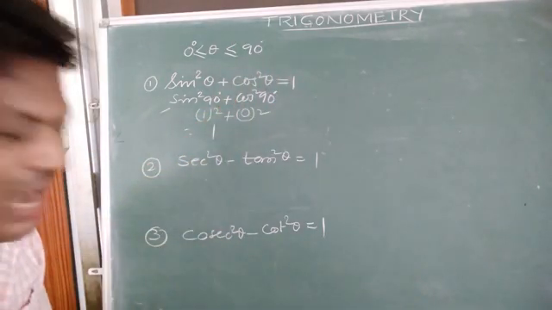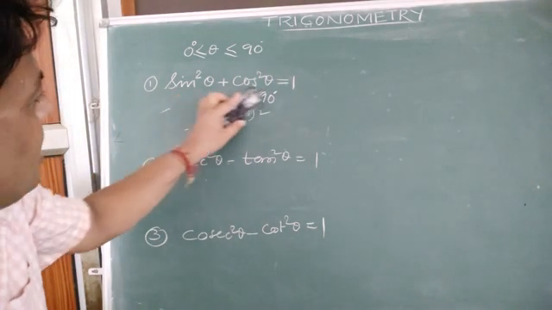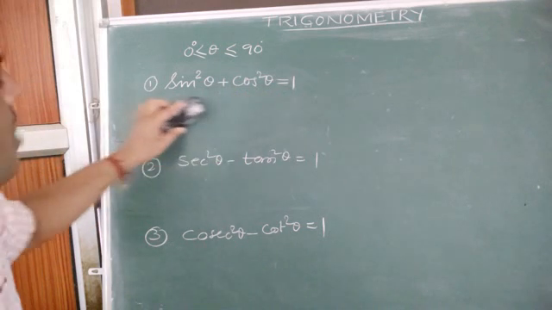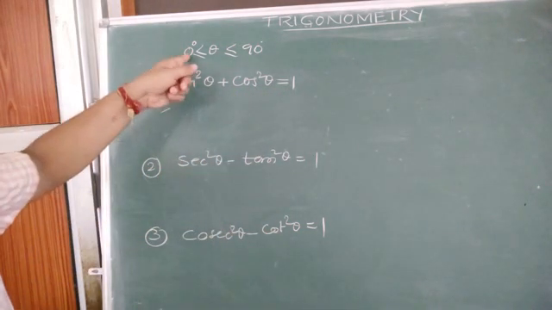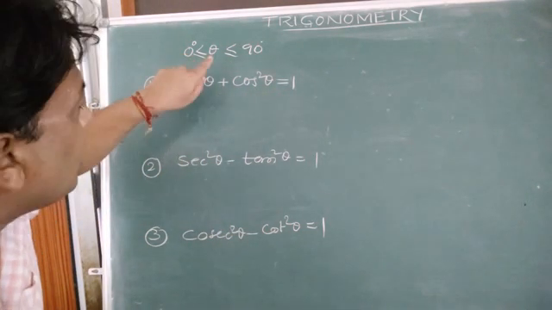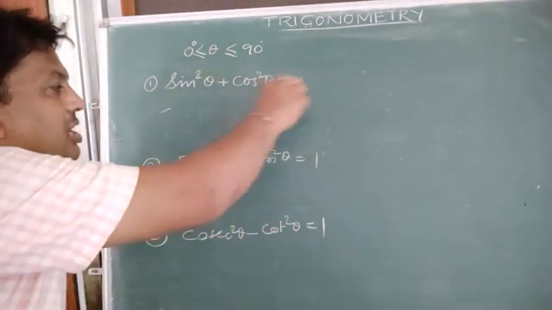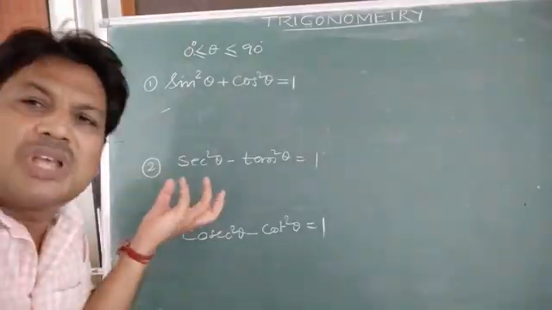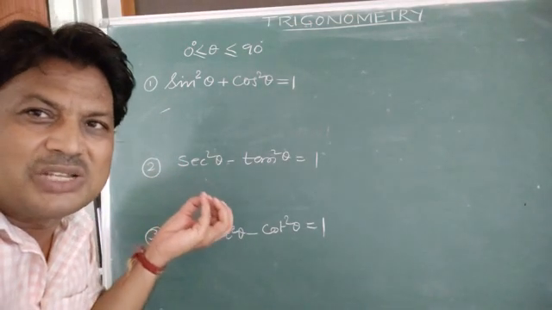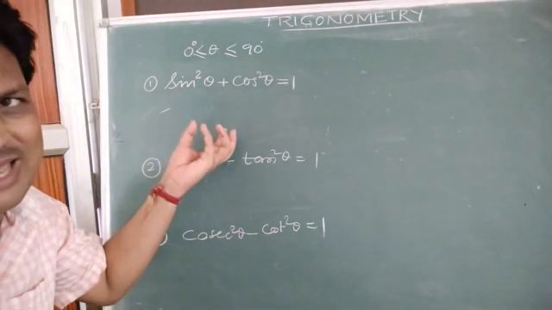We got the right hand side. Similarly, in place of theta you can take any value from 0 up to 90, and you will see that all three equations hold good. I hope you understood what I want to say.